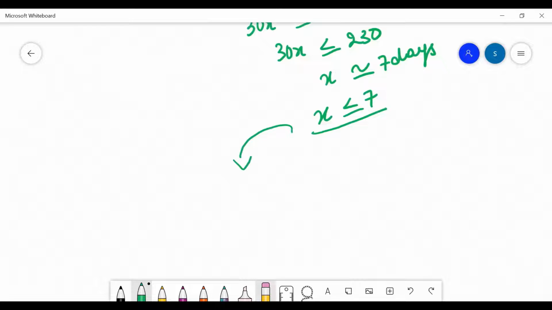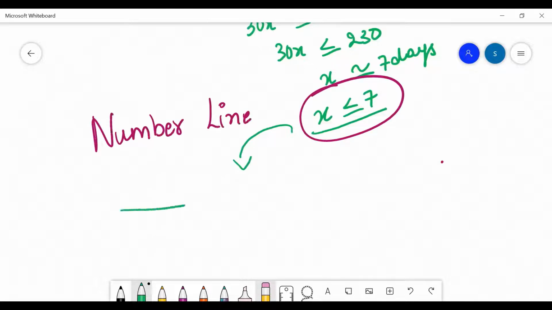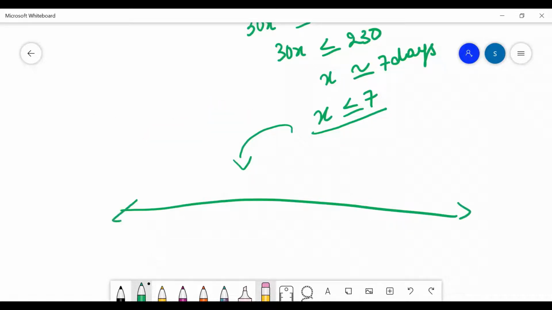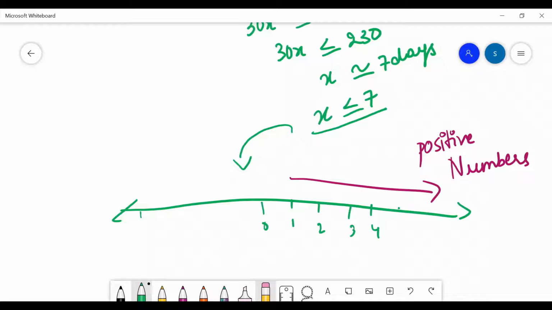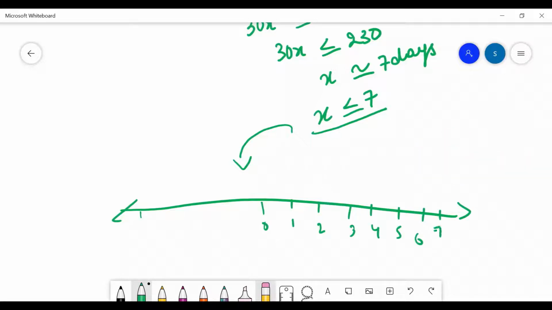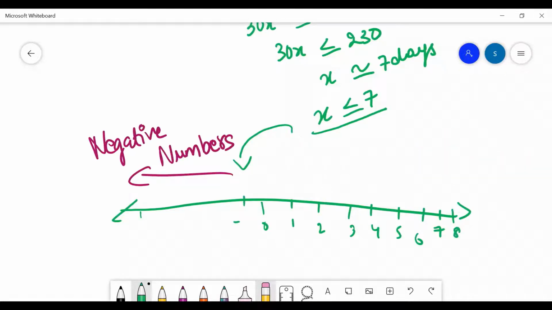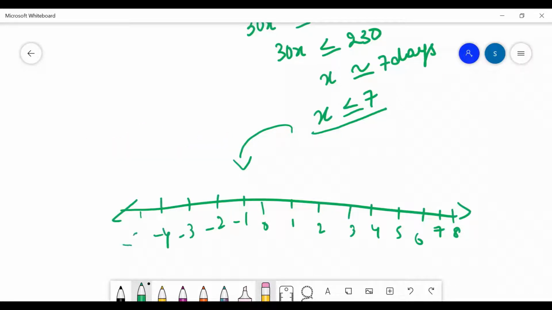If I have to represent this inequality on the number line, it will look something like this. Let's say this is 0, 1, 2, 3, 4, 5, 6, 7, 8. This is minus 1, minus 2, minus 3, minus 4, minus 5. So here x is less than or equal to 7.